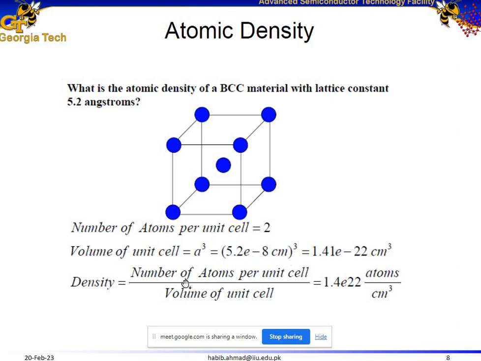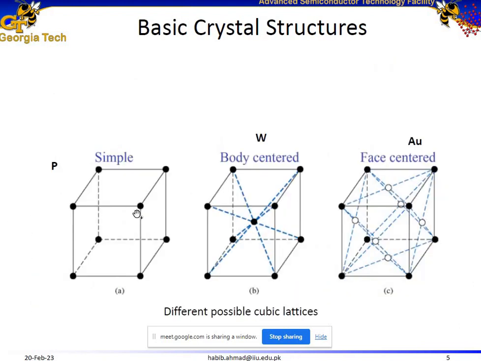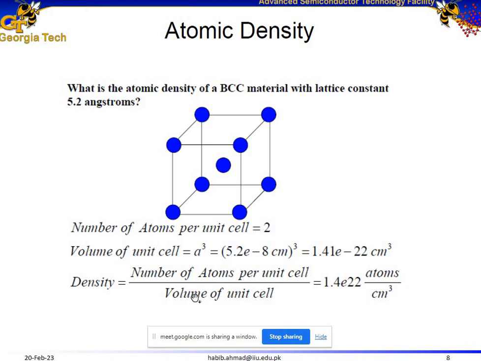So this becomes the volume. Now the density would be the number of atoms per unit cell divided by the volume of the unit cell. The simple cubic structure contributes 1 atom per unit cell, so this would be 1 divided by the volume of the unit cell.